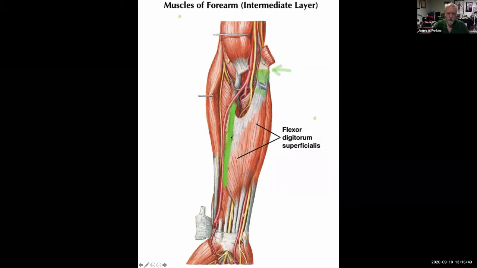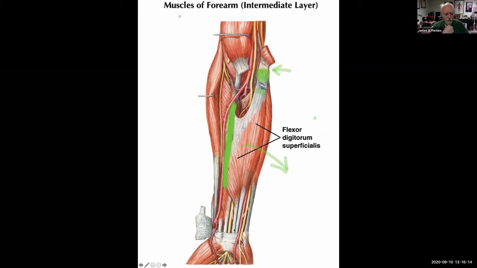They want you to cut the origin of the flexor digitorum superficialis from its origin on the radius. And that's going to allow you to take the whole muscle and reflect it medially towards the body so that you can see some of the deeper stuff. So, complicated origin: common flexor tendon, long origin on the shaft of the radius.